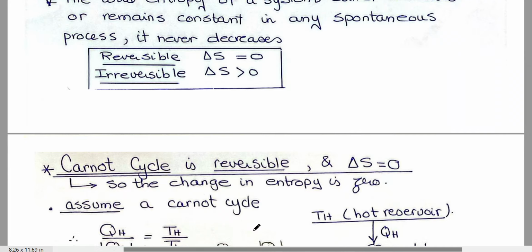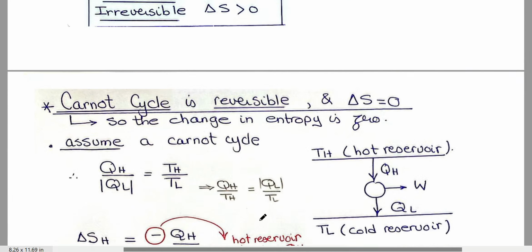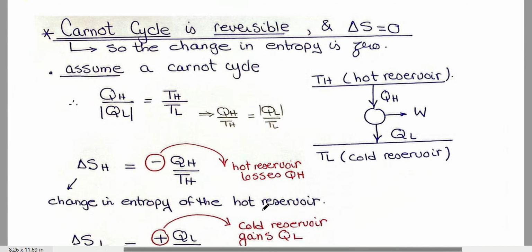Now we want to prove that the Carnot cycle is a reversible cycle. Reversible means that the change of entropy equals zero. So we will assume that the Carnot cycle is operating between TH and TL. The engine is absorbing QH, giving work and rejecting QL.